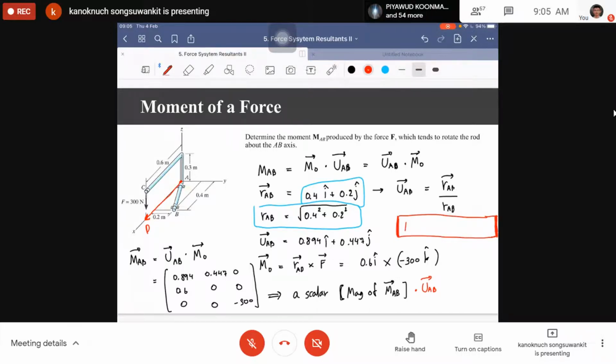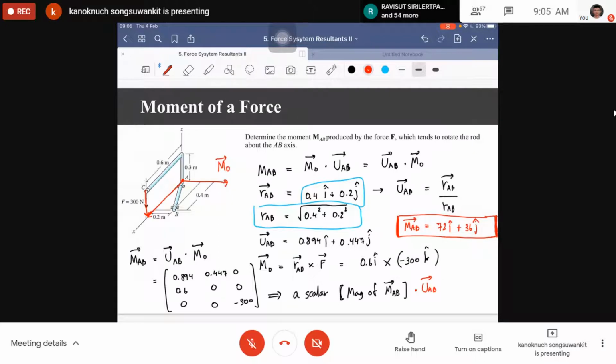So finally, we have MAB in Cartesian vector form as 72i and 36j. At first, if we use the right-hand rule to find the moment, we will have the moment directed along the y-axis, MO.